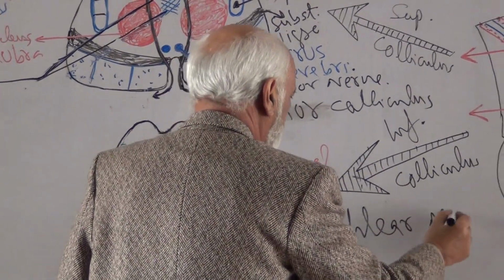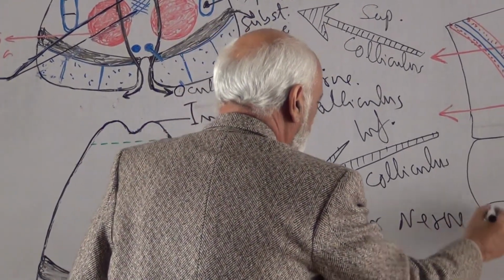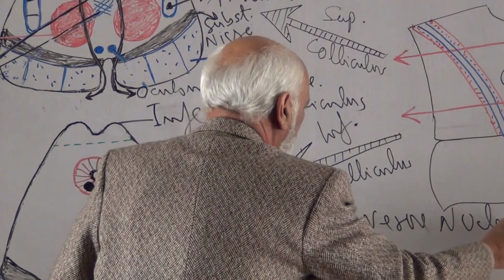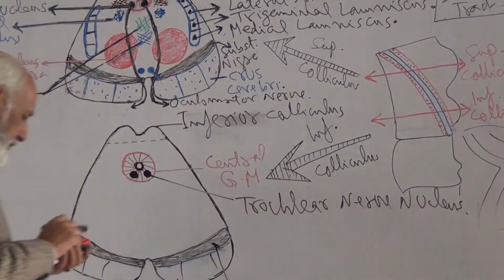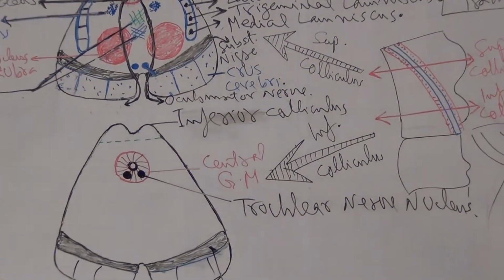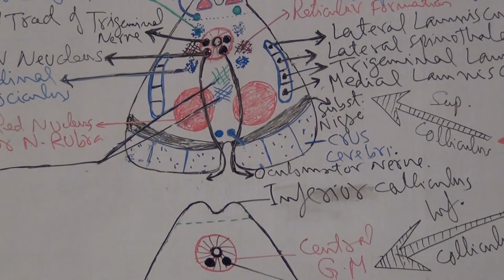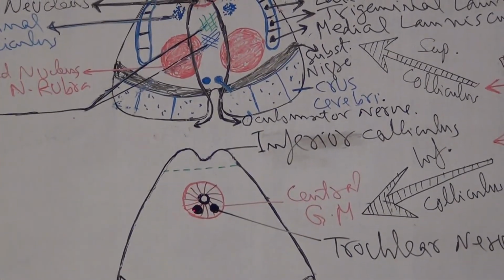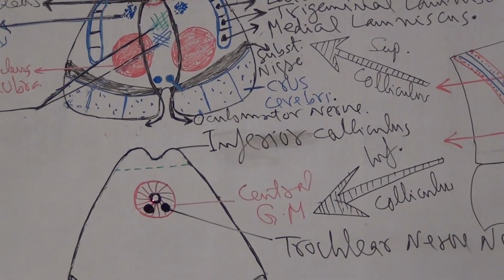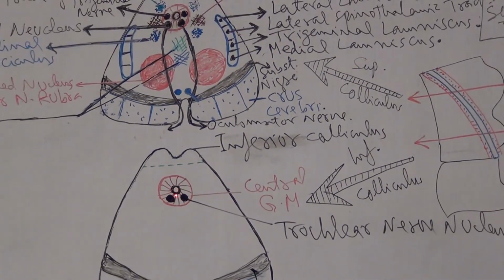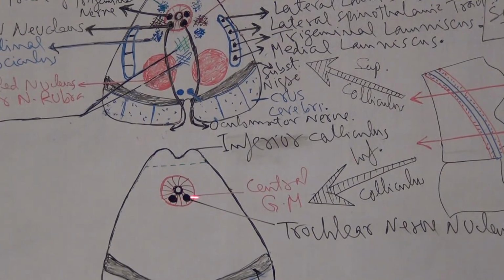In the upper half of the midbrain, at this level was the oculomotor nerve nucleus. And in the lower half, at this level, anterolateral to the cerebral aqueduct within the central gray matter is the trochlear nerve nucleus.